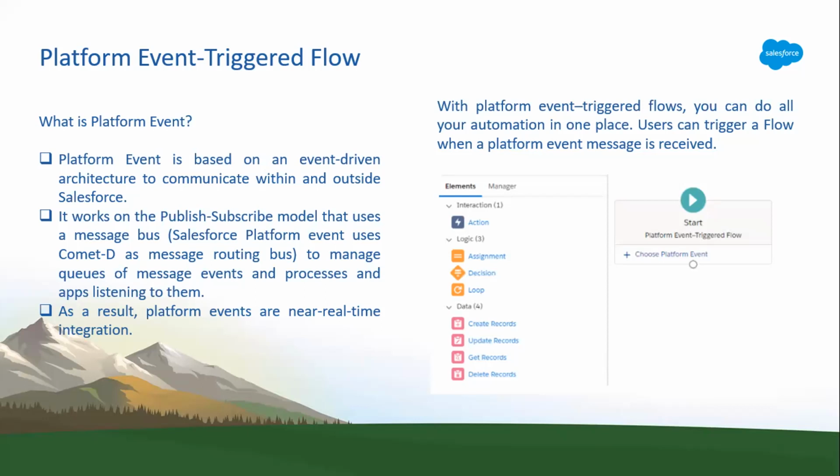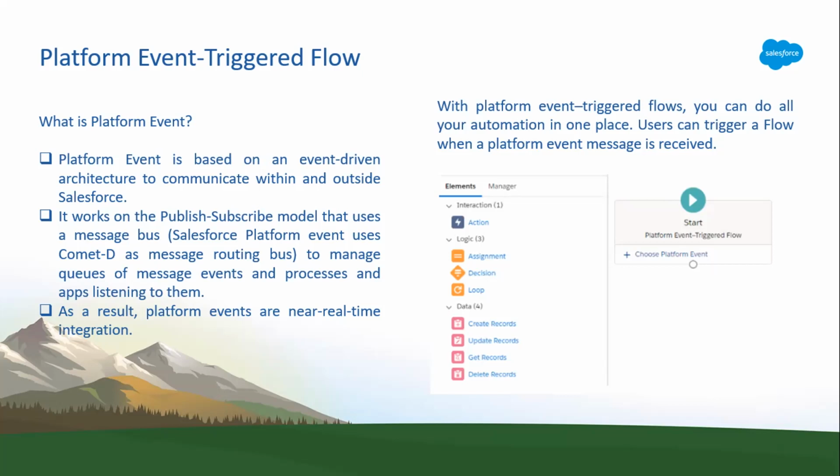In the platform event, one thing I want to say: to publish the platform event, we can use an Apex class, process, or workflow, and we can also use the API to publish. And to subscribe, we can use an Apex class, and also the platform event trigger flow, to subscribe to the platform event.